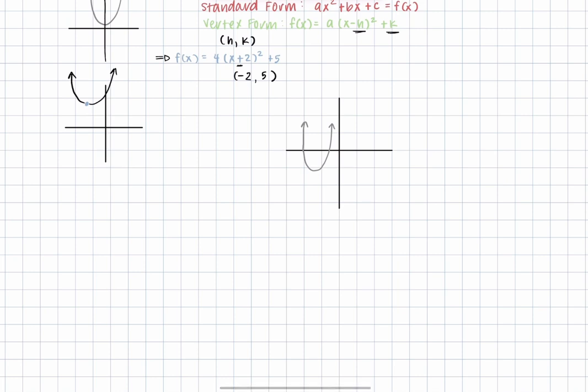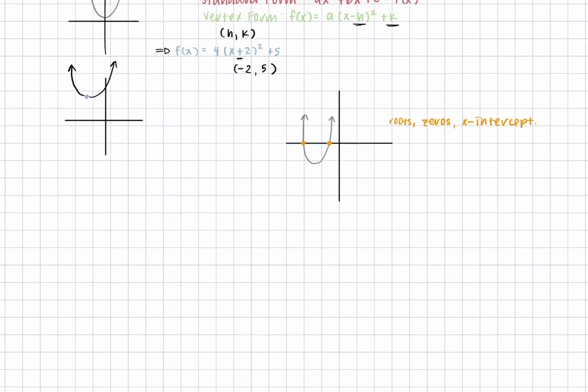And the solutions are going to be your x-intercepts, so right here and right here. Your solutions can also be called roots, they can be called zeros, or they can be called your x-intercept or y-intercept based on what you're asked for.